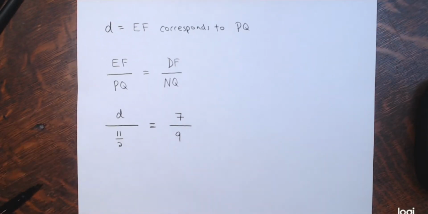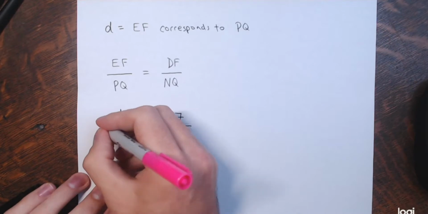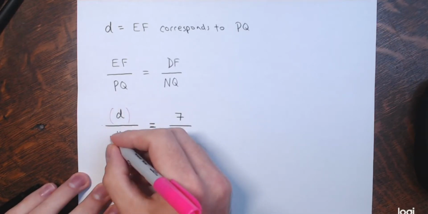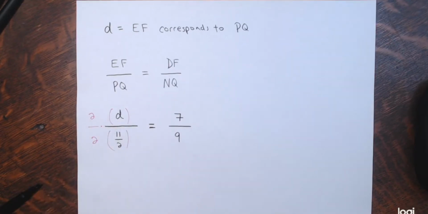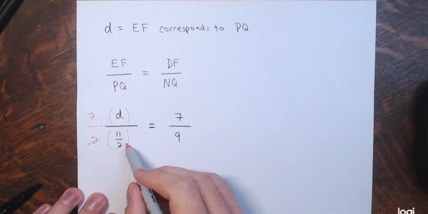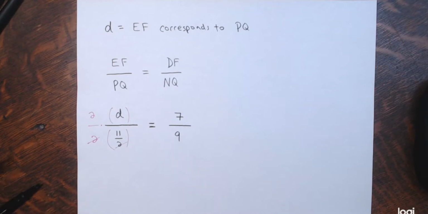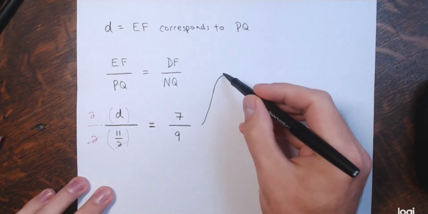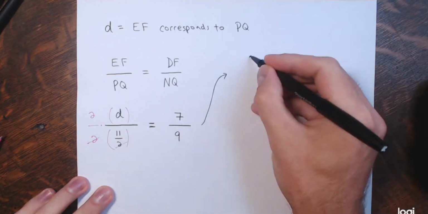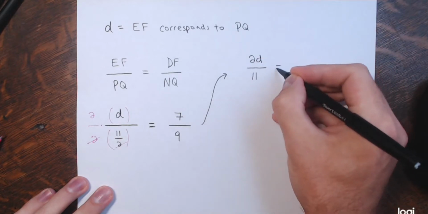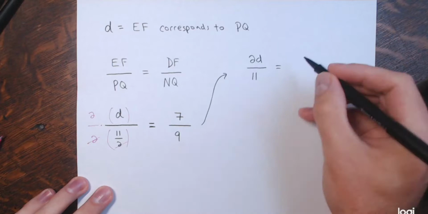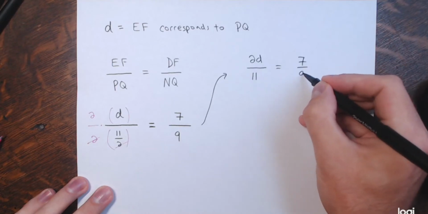First I'm going to simplify this complex fraction. I'm going to multiply the top and bottom by 2. That'll get rid of the little denominator of 2 down here. So I have this proportion: 2d over 11 on the left equals 7/9 on the right.